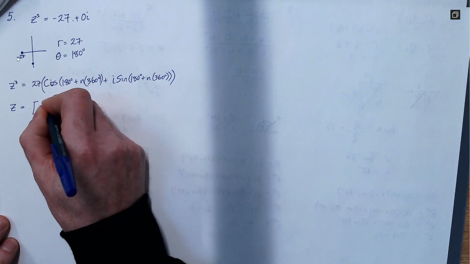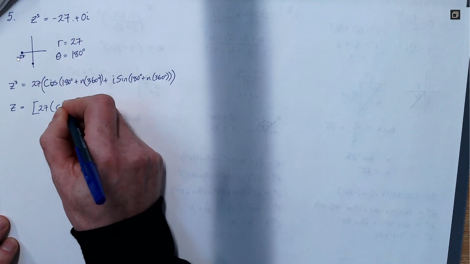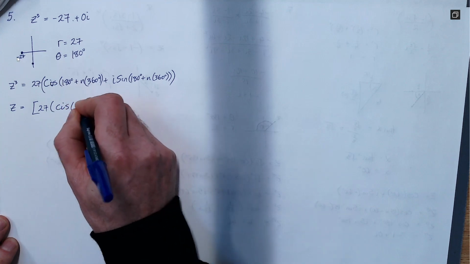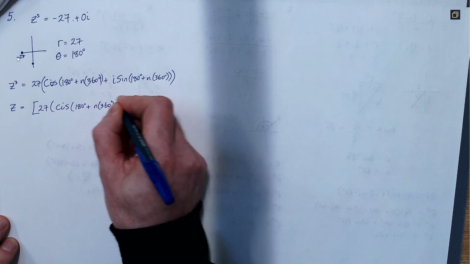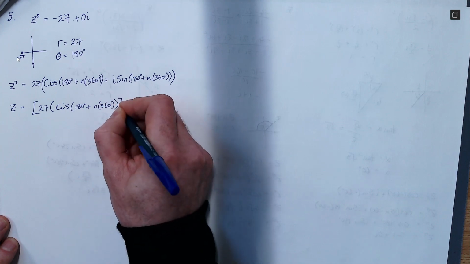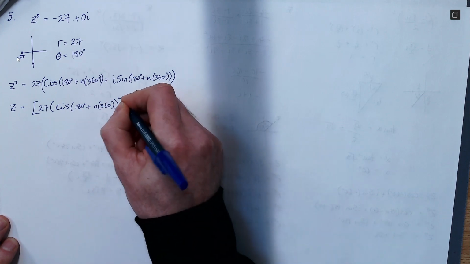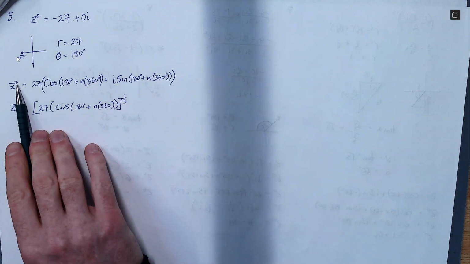So z cubed equals 27 cis of 180 degrees plus n 360. Now to get z, we raise the whole lot to the power of 1/3, so the whole lot is raised to the power of 1/3, cube rooted.